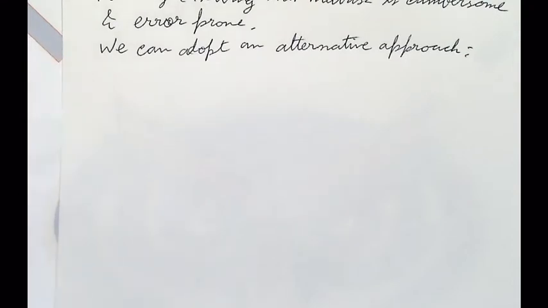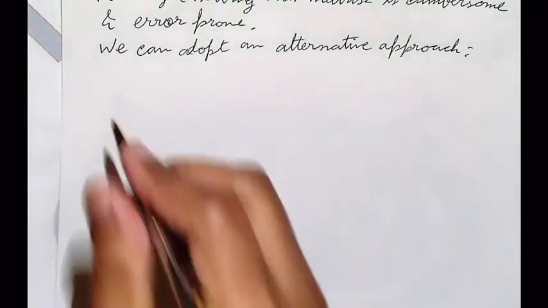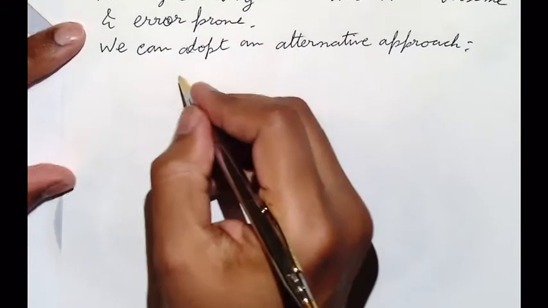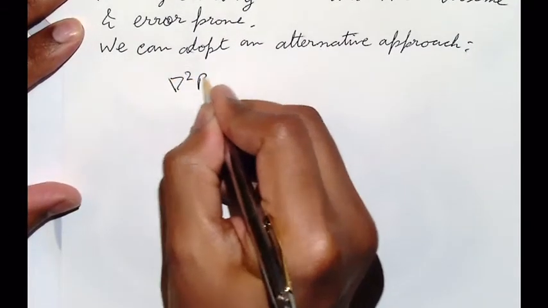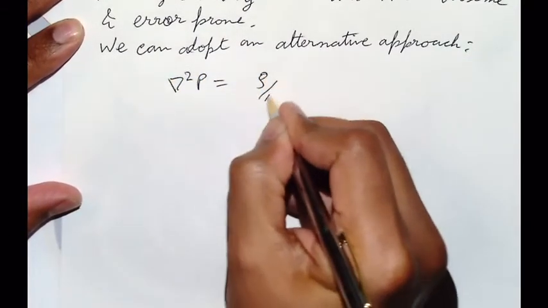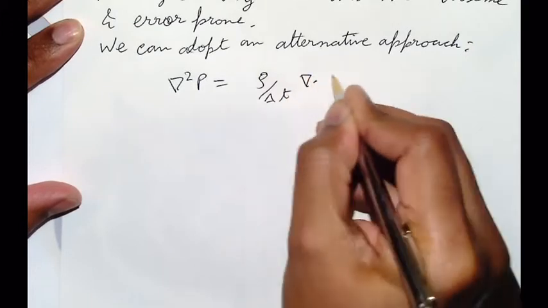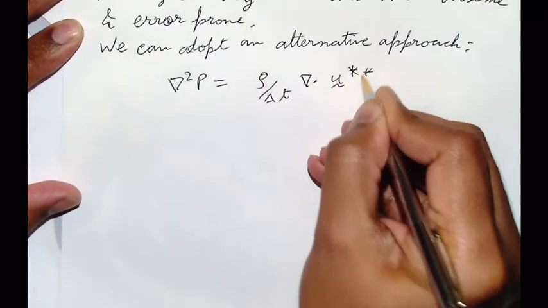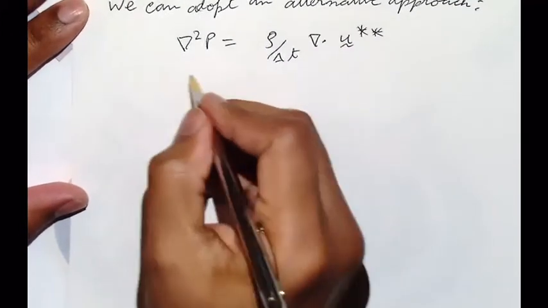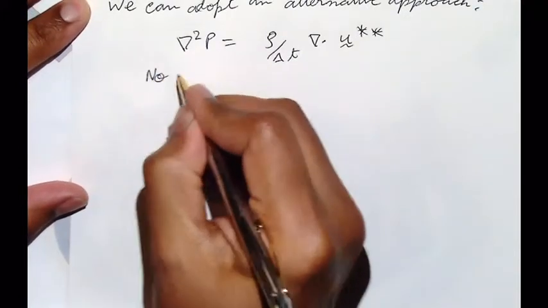Okay, what is the Poisson's equation we were solving is here. So, lambda squared t equal rho over delta t lambda dot u star star. Okay, so this does not have any explicit time dependence.